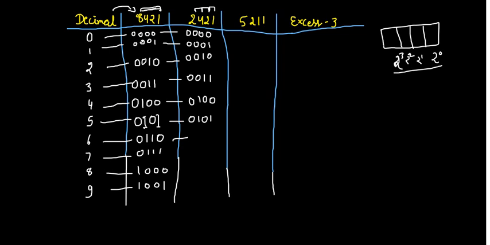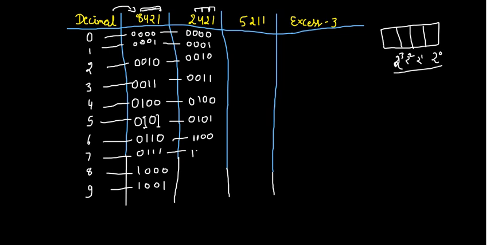Either you can have 1, 1, 0, 0, or you can also have in this place 0, 1, 1, 0. So for easy sake, let's remove this one and proceed with this one, and then I will tell you why we have left the second possibility.